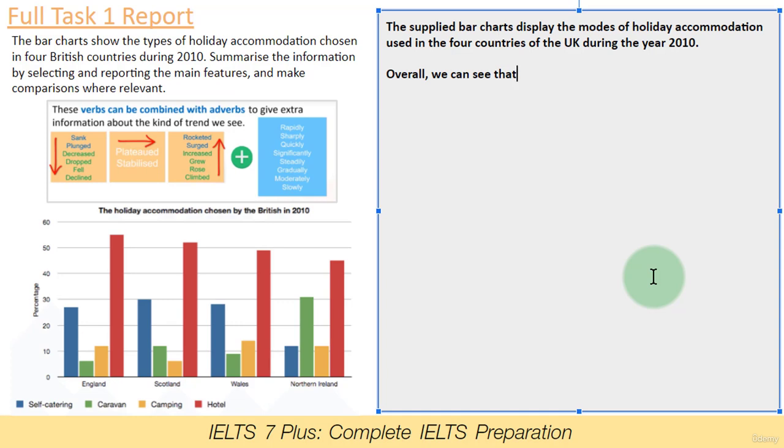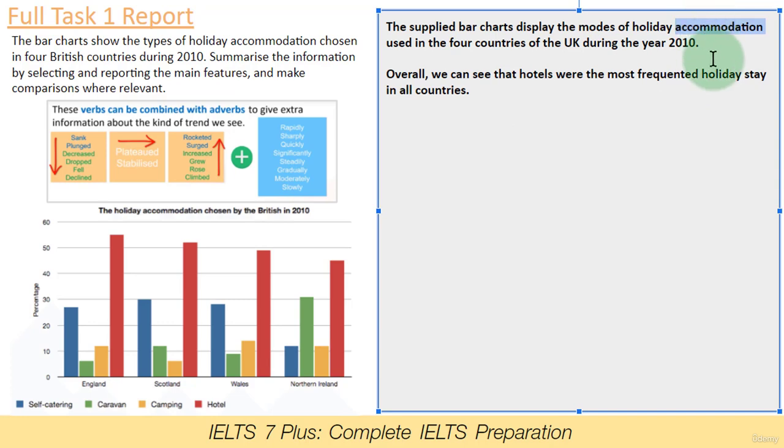Overall, we can see that hotels were the most frequented, which means attended, which means visited, holiday stay in all countries. Now here, stay, I'm really trying not to use accommodation too much.